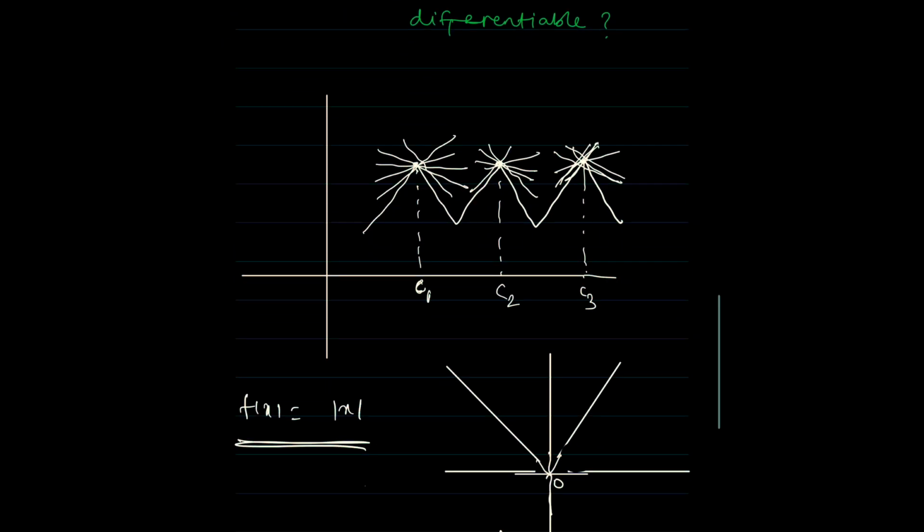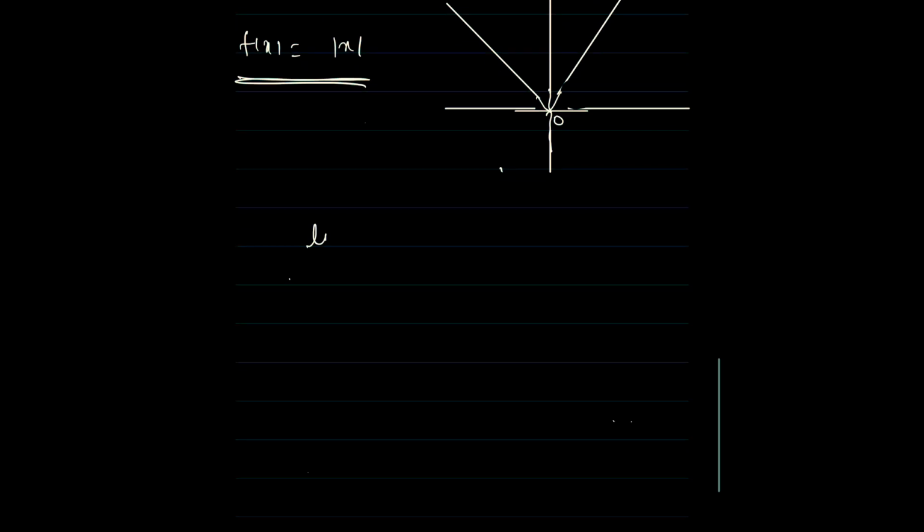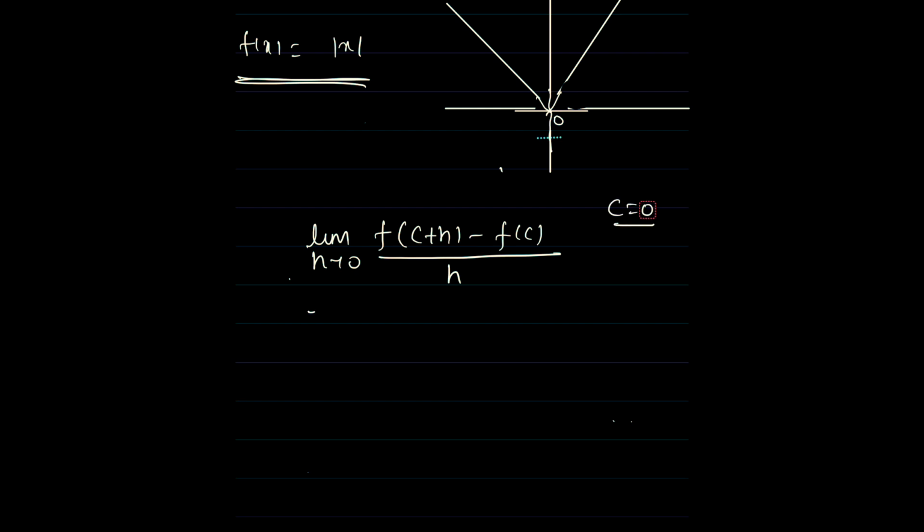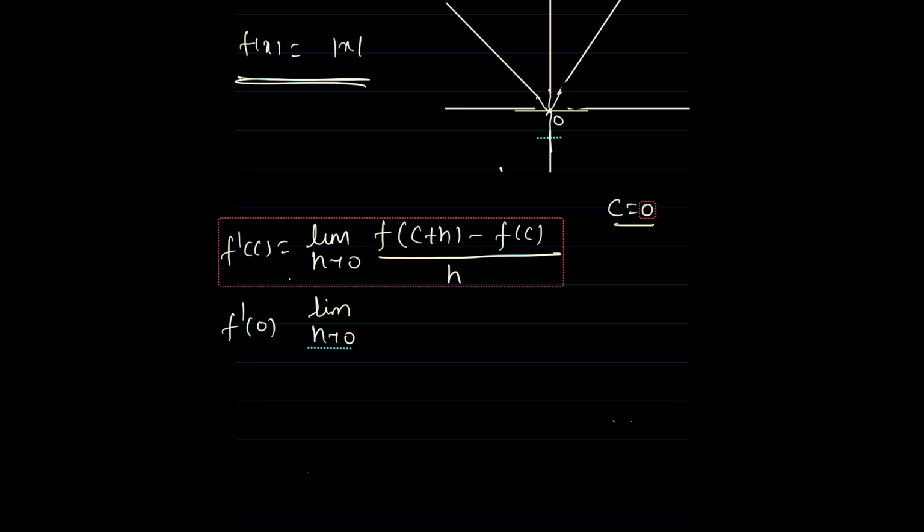Limit as h tends to 0 of f of c plus h minus f of c upon h. Our function is mod x, and the value of c is 0. So f dash 0 equals the limit as h tends to 0 of f of h minus f of 0 upon h.